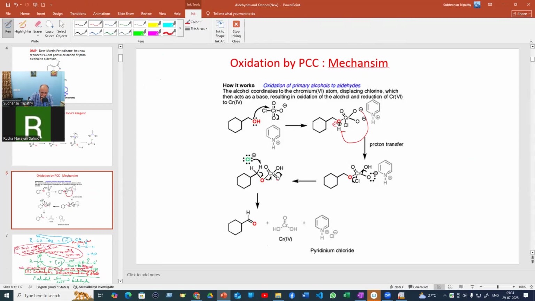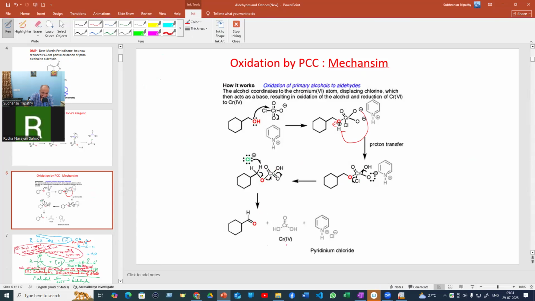There are two double bonds, and then chloride ion acting as a base abstracts one of the protons of the primary position here, and this bond breaks. This sigma bond becomes a pi bond, and you get aldehyde separated, and this bond also breaks.